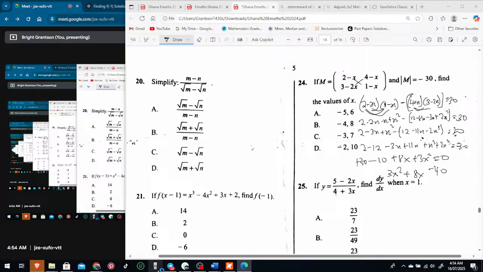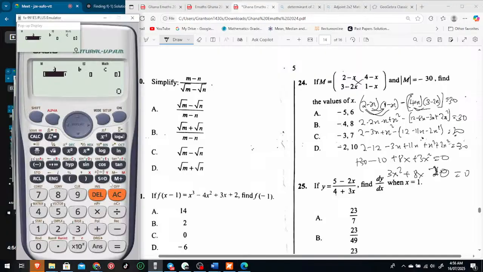Approximately doesn't work. What is wrong? It's still not responding.